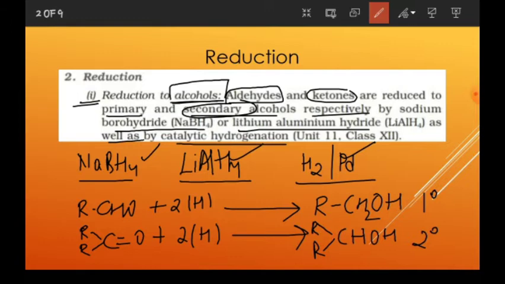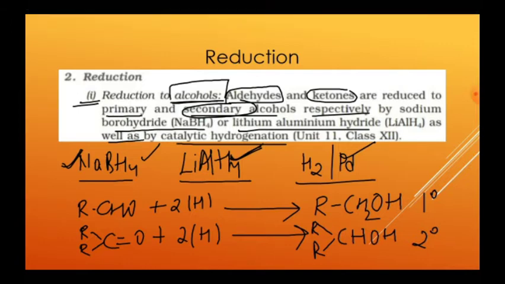Now you should remember that sodium borohydride is a weak reducing agent and lithium aluminium hydride is a strong reducing agent. And one more thing, as I have already told you, this is generally not used because it is expensive. So these points you should remember.